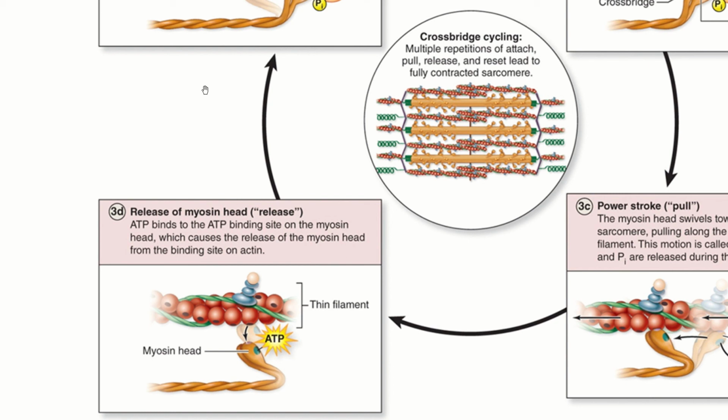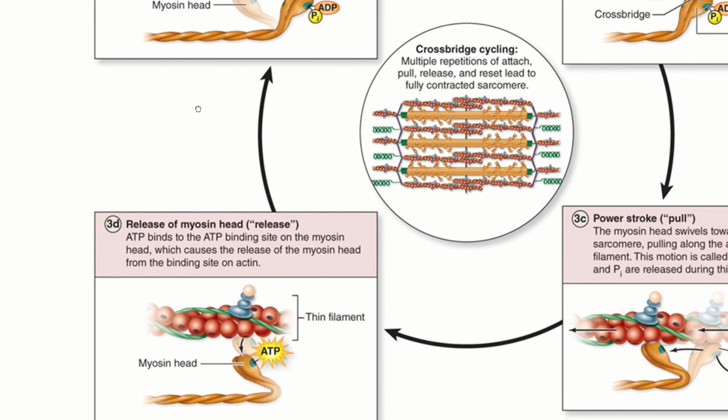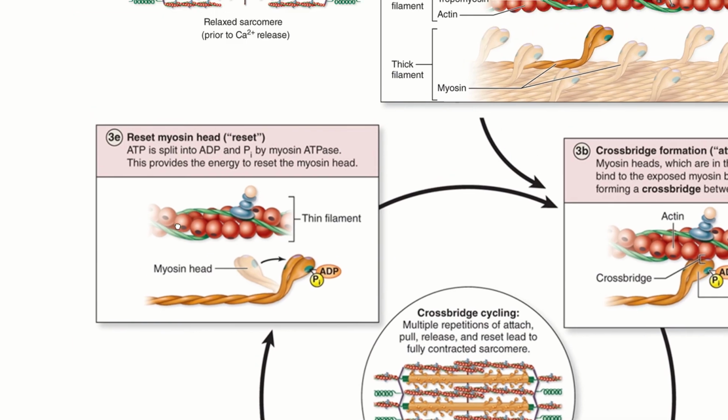It's time to re-energize the myosin head so it can form another cross bridge on another area of that actin. This occurs when ATP is split into adenosine diphosphate and an inorganic phosphate. The energy that is released during this hydrolysis re-energizes the myosin head.